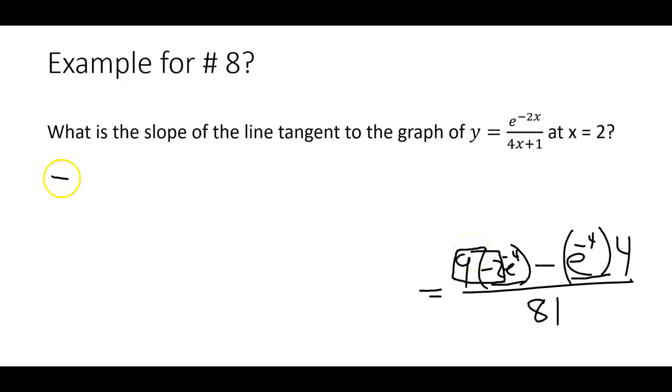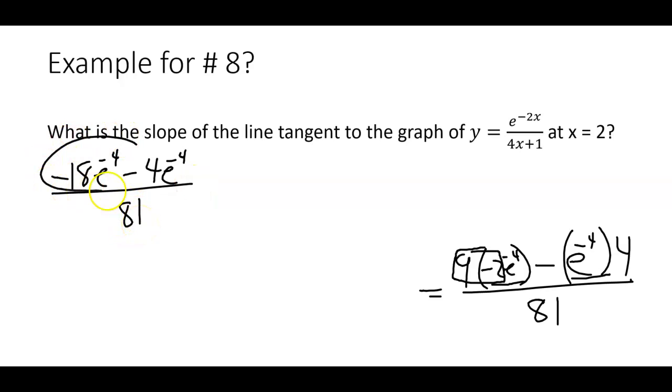So that's going to be negative 18 e to the negative 4 minus 4e to the negative 4 all over 81. And you know, as a matter of fact, instead of factoring, I think we could just combine these together, right? I've just got two expressions with an e to the negative 4. So I could just combine their coefficients. Negative 18 and negative 4 makes negative 22 e to the negative 4.